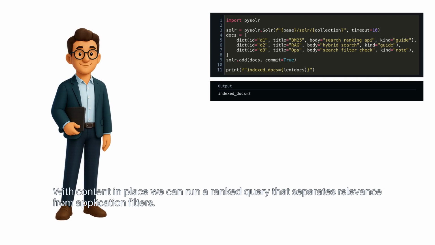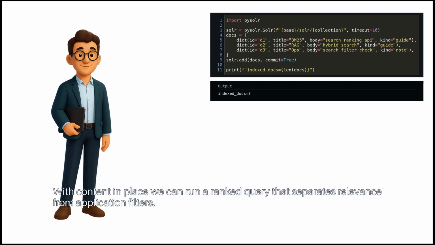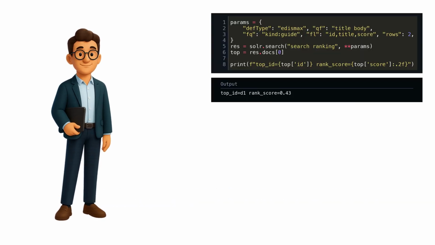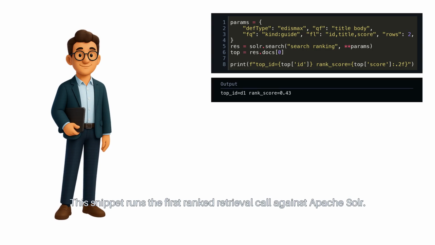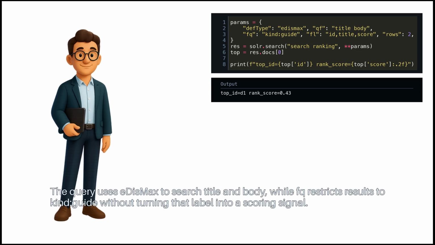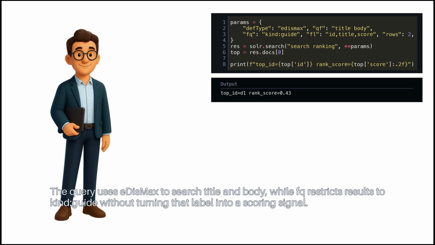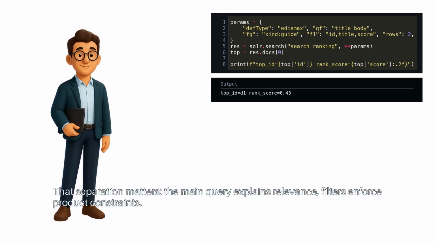With content in place, we can run a ranked query that separates relevance from application filters. This snippet runs the first ranked retrieval call against Apache Solr. The query uses eDisMax to search title and body, while fq restricts results to kind guide without turning that label into a scoring signal. That separation matters.